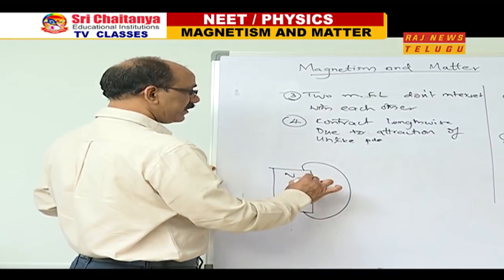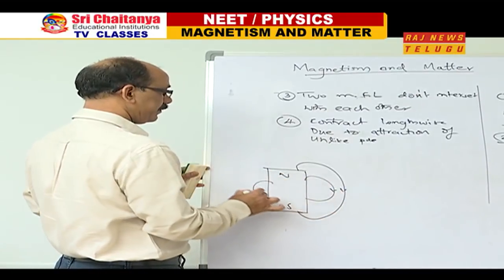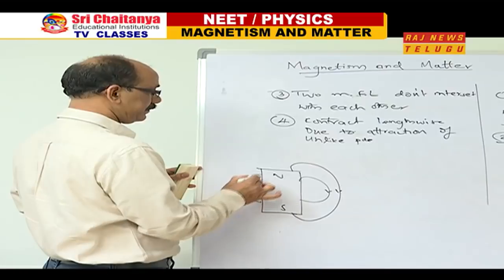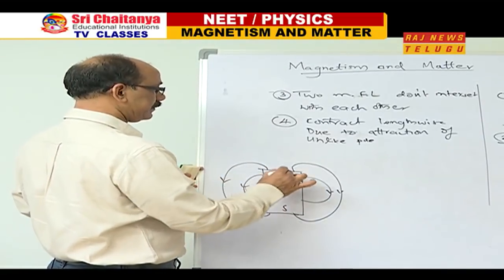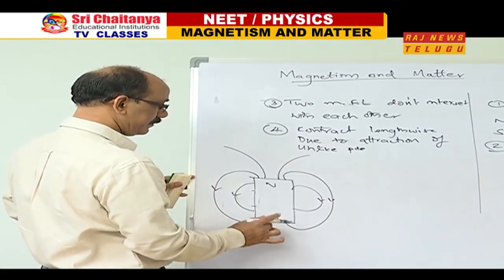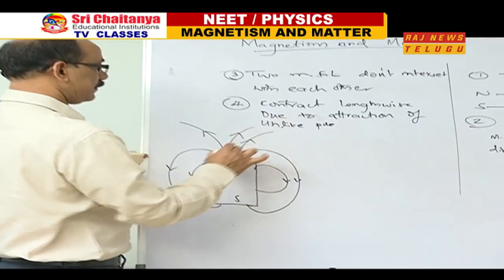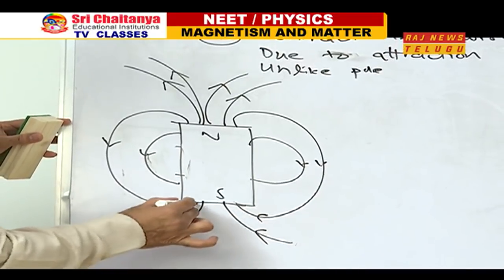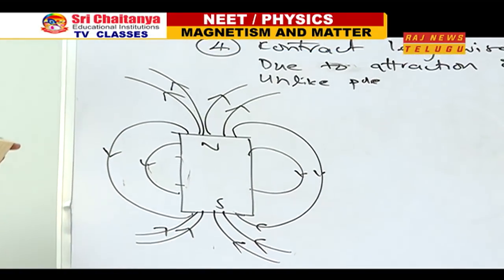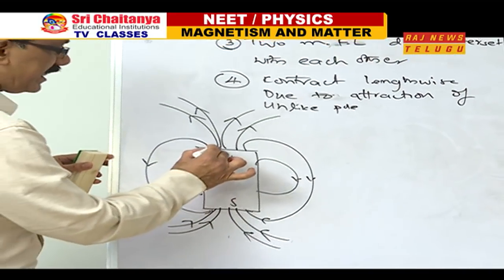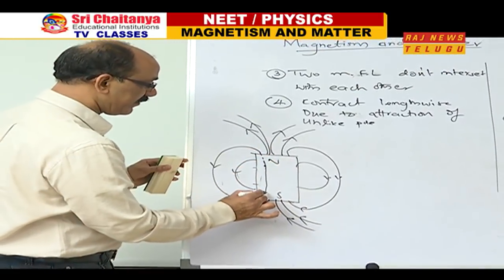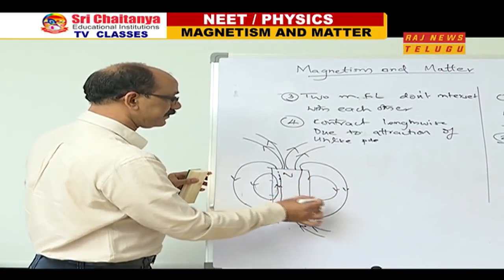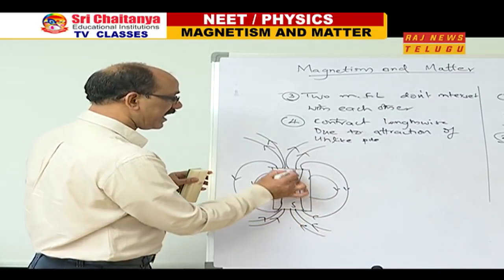Inside the magnet, they are from south to north.